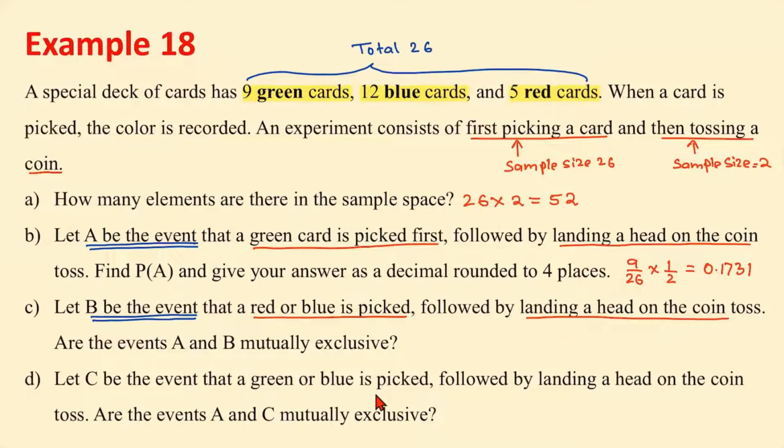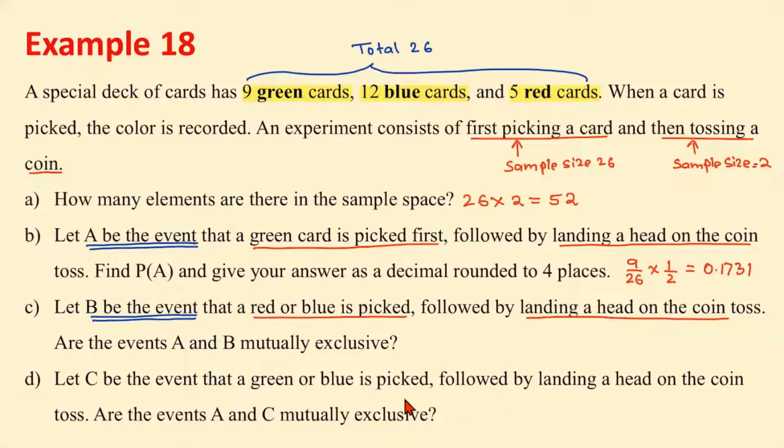Now the question here is, are the events A and B mutually exclusive? You can see that in event A, the color you are getting is green. But in event B, you are getting red or blue, not green. The meaning of that is these two events are exclusive.